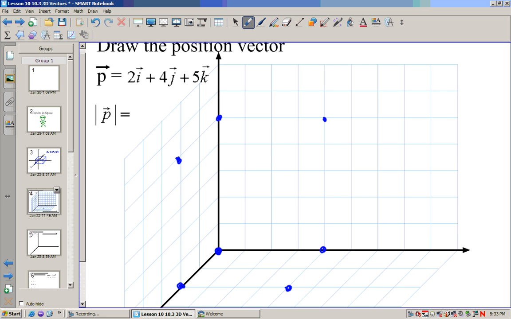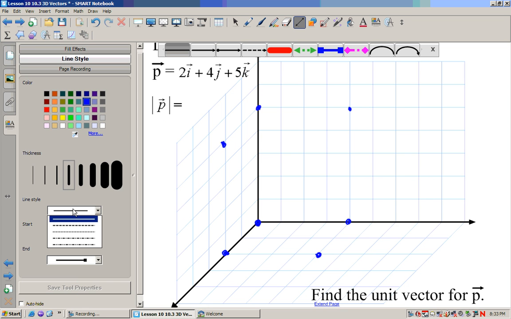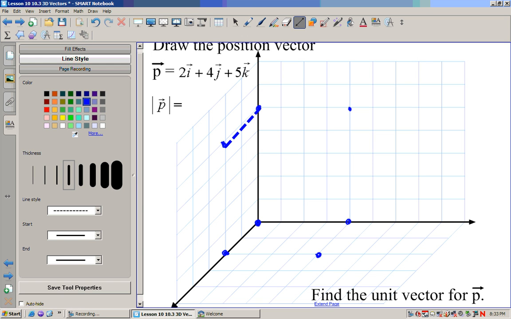Now the tricky part in this one is finding this point. Let's do every other segment first, and then it should be somewhat obvious where that next point goes.